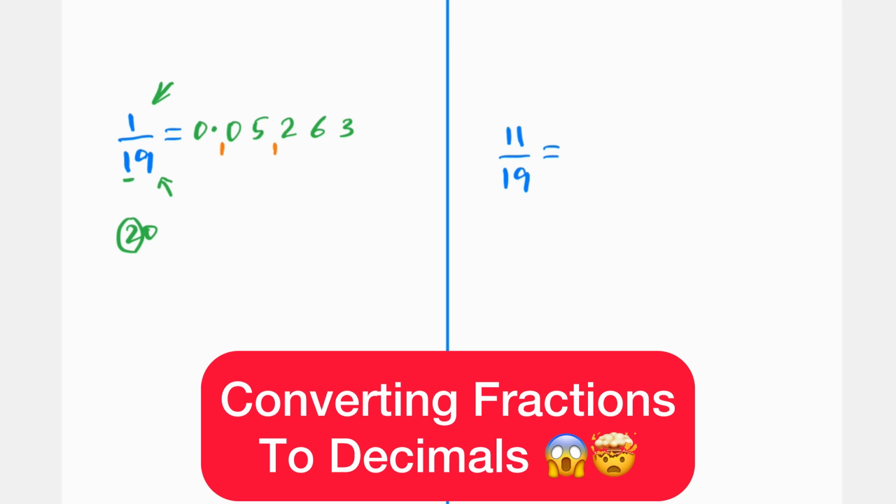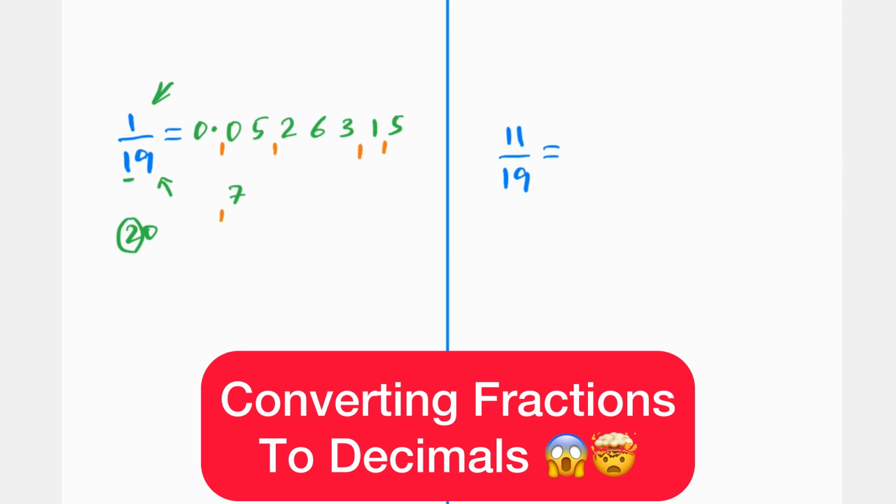Then this 3 divided by 2 is 2 times 1 is 2 and 1 remainder. Now 11 divided by 2 is 2 times 5 is 10 and 1 remainder. Now we have 15. 15 divided by 2 is 2 times 7 is 14 and remainder 1.